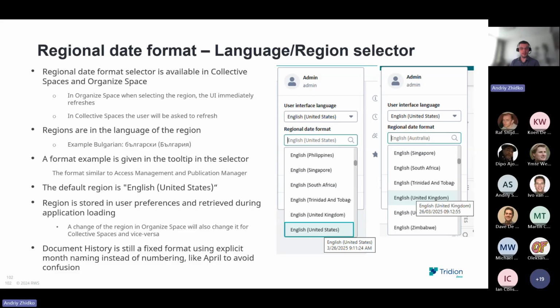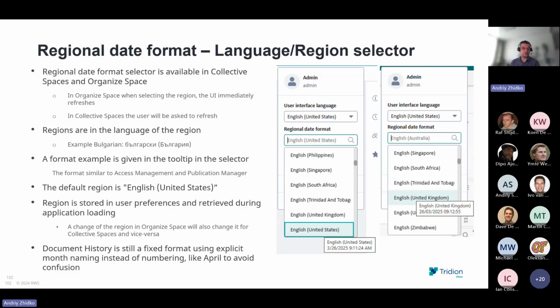It is similar to what the access management application is using. It is done to align the experience of the user so that it will be similar in all applications that are available as part of the Tridion Docs offering.